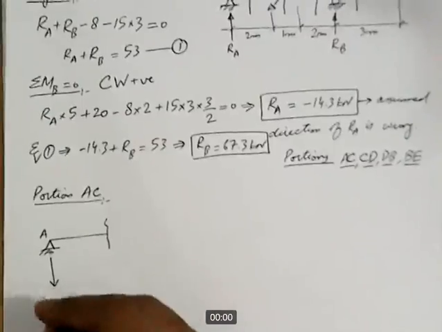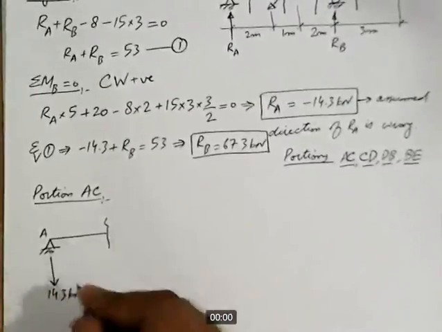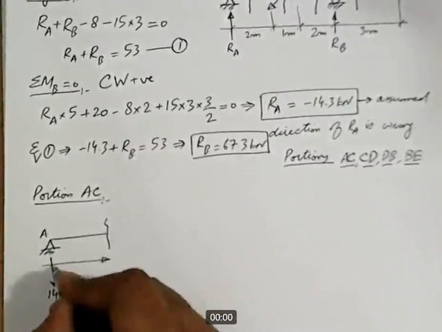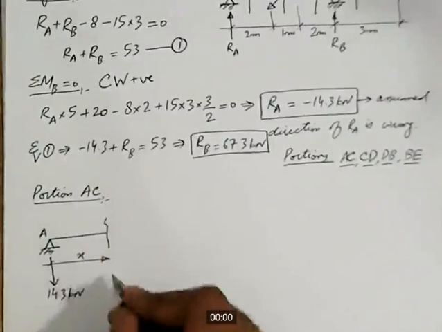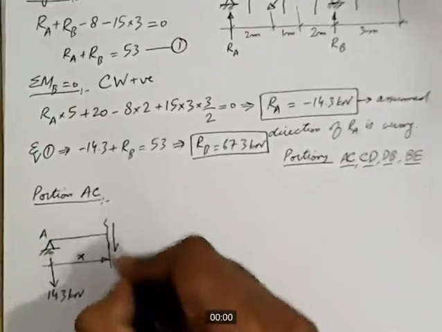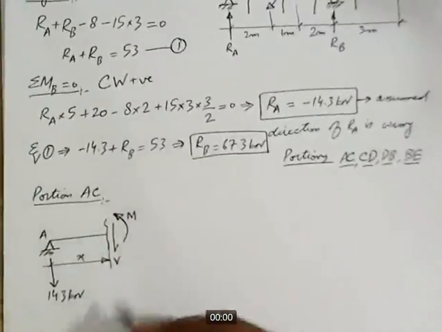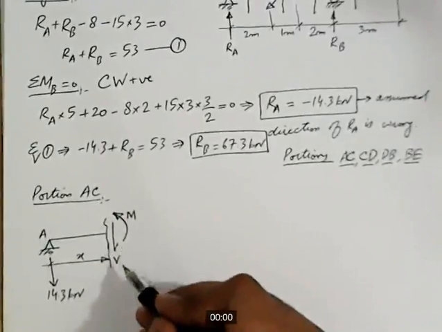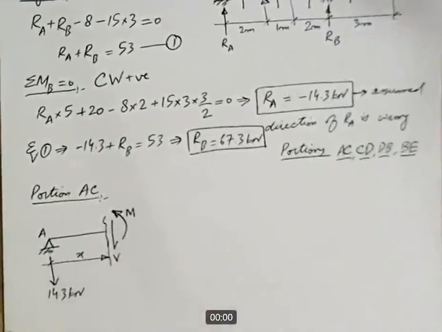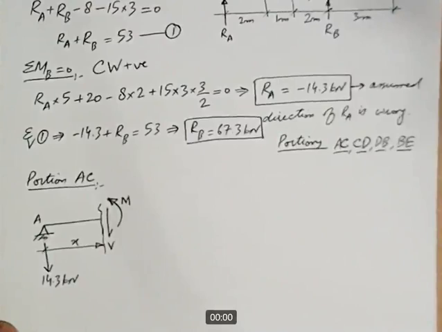Here is RA, 14.3 kilonewton, and we have this variable X running in this direction up to the section, and at the section we have exposed forces V and M, and according to our convention we always take shear in downward direction and moment in counterclockwise direction. Okay, so I think this completes the free body diagram for this portion.